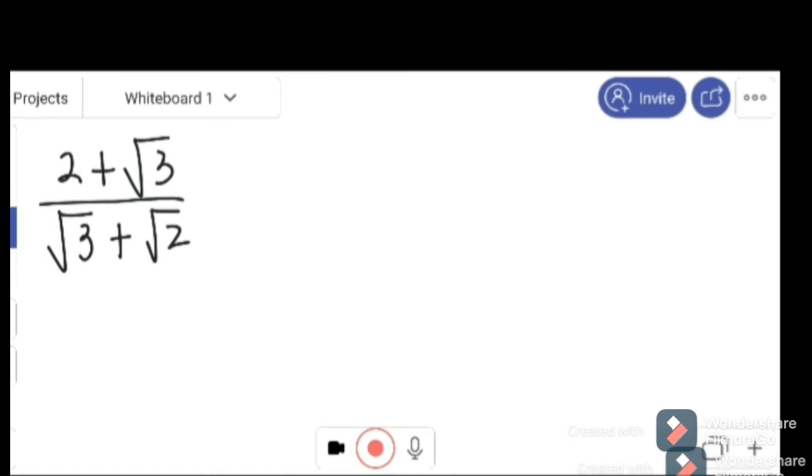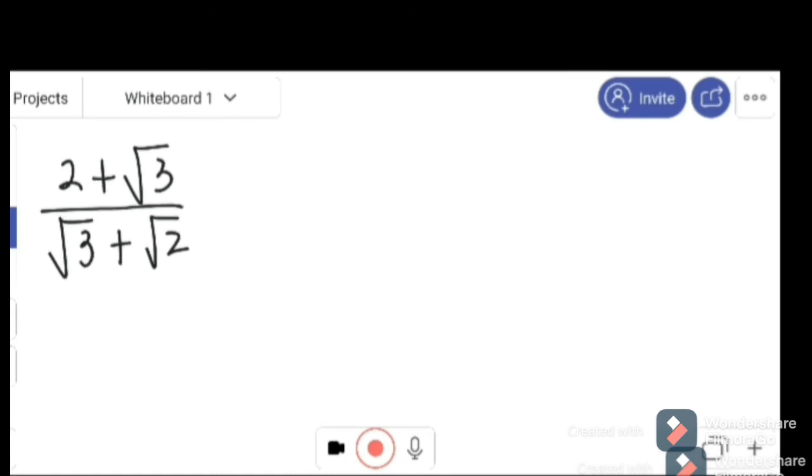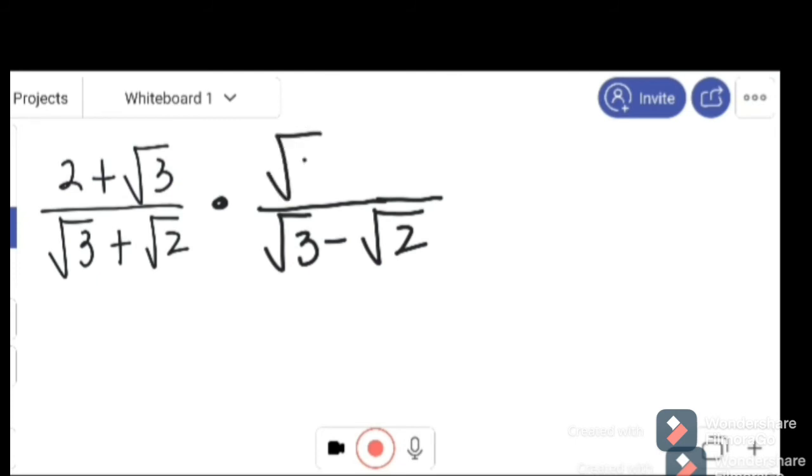First, we get the conjugate of our denominator and multiply it to our given. So that is the square root of 3 minus the square root of 2. Then we multiply.